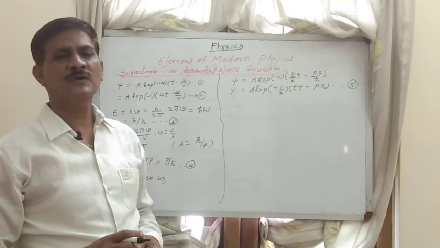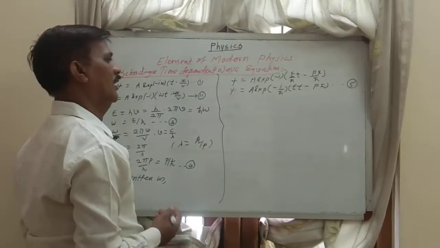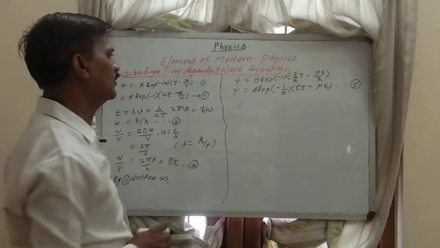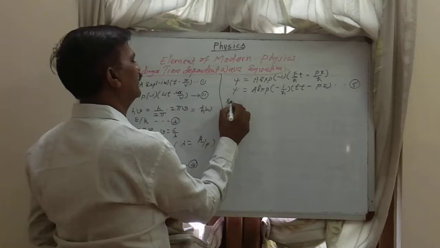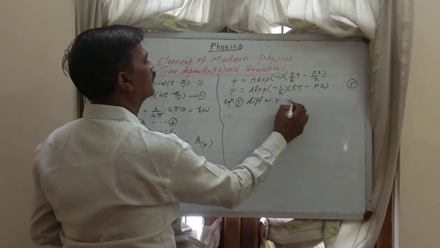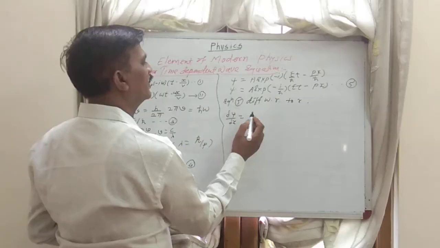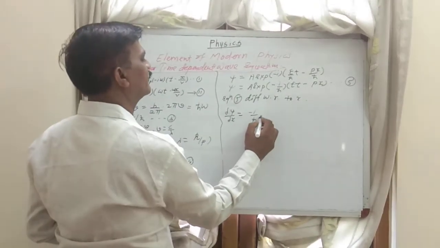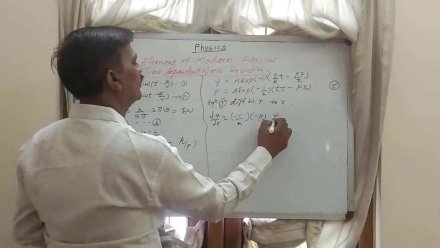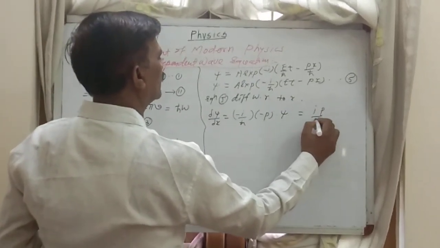Then we are interested in the motion of the particle under an applied force, to find the time dependent wave equation. Therefore we differentiate equation 5 with respect to x. We get del psi by del x equals minus i by h cross times minus p psi, that is i p by h cross psi.